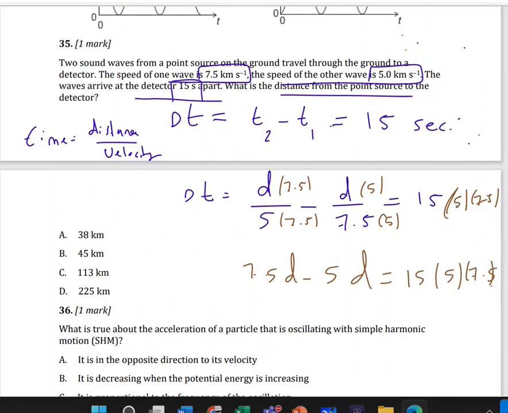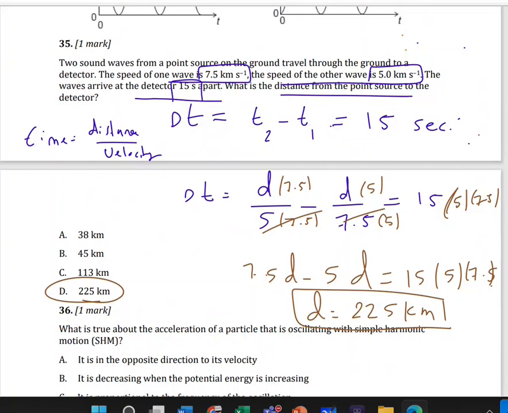Either you do cross multiplication or you just multiply both sides by 5 times 7.5 to get rid of the denominator. If you calculate this and simplify it, you should get the distance d as 225 kilometers. Okay, I'll stop here. I'll continue.